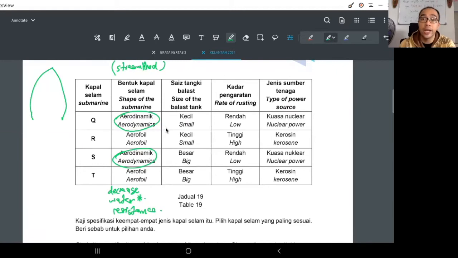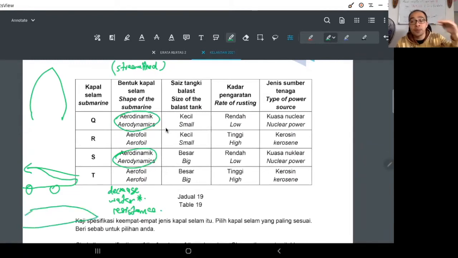Racing cars are aerodynamic because it's low, so that the air doesn't have so much resistance going across it. Submarine also is kind of aerodynamic, I guess. Like this, that kind of shape.